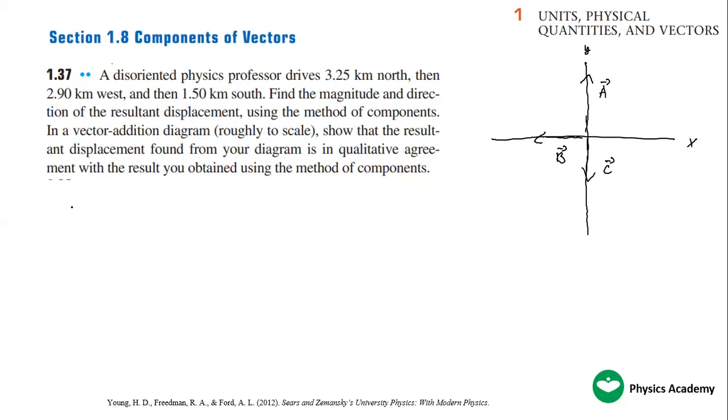If we're going to tabulate this one, we have vector A, vector B, and vector C. Tabulating this, we have the magnitude, which is 3.25 kilometers, 2.90 kilometers, and 1.50 kilometers.